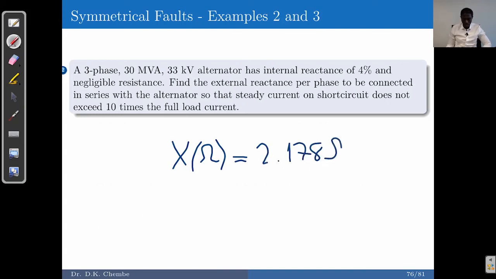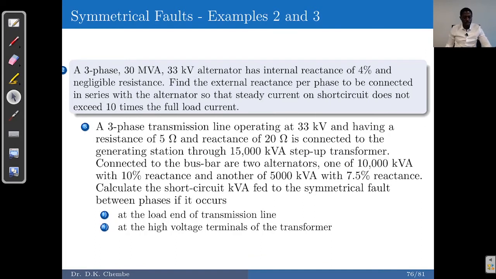The third question that we are going to look at says a three-phase transmission line operating at 33 kilovolts and having a resistance of 5 ohms and reactance of 20 ohms is connected to the generating station through a 15,000 kVA step-up transformer.